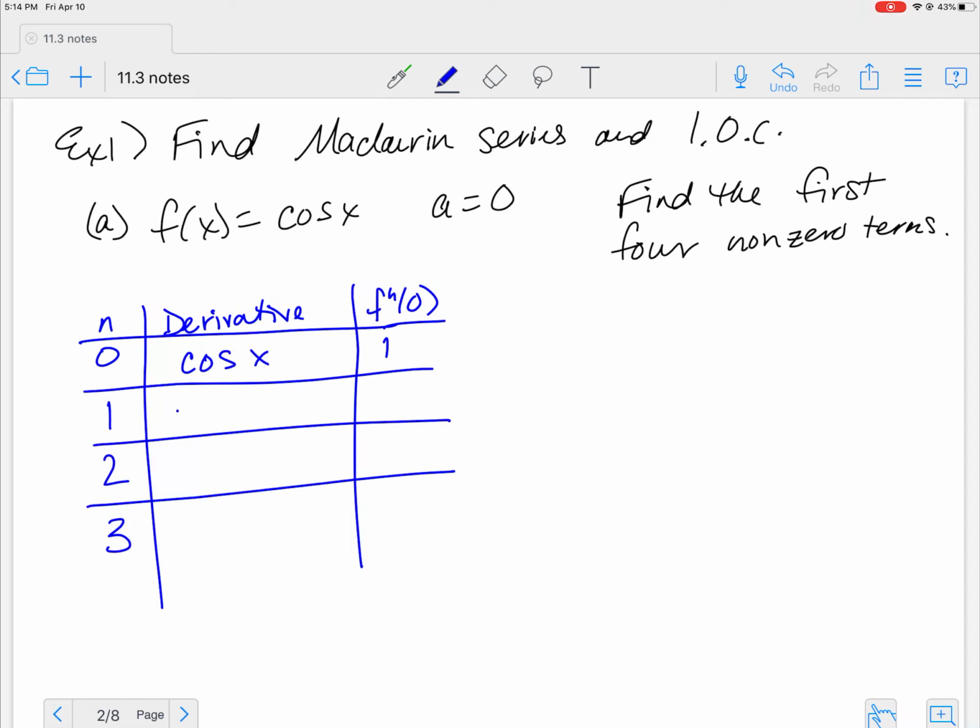All right. Then look at what happens. The derivative of cosine is negative sine. Well, what's sine at 0? 0. So is that going to count in my first four non-zero terms? No, but you have to keep going because your derivative is built upon the previous one, okay?